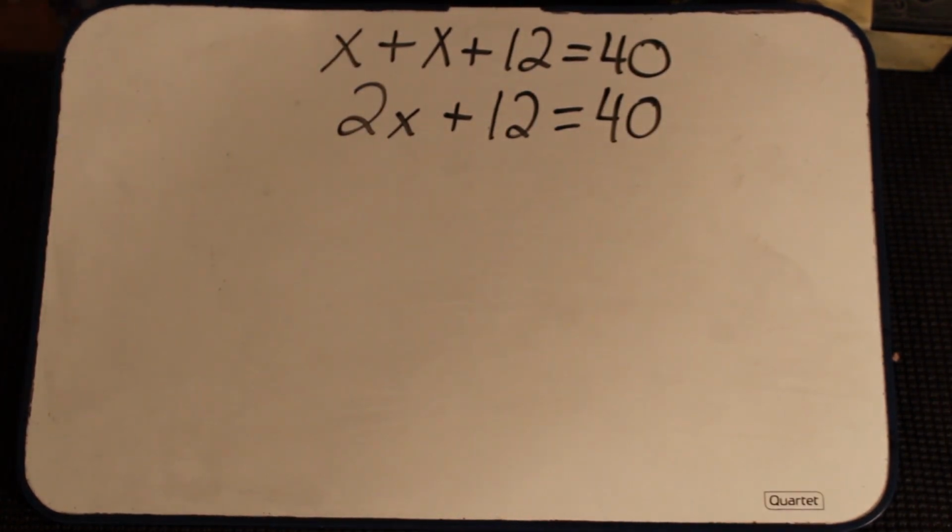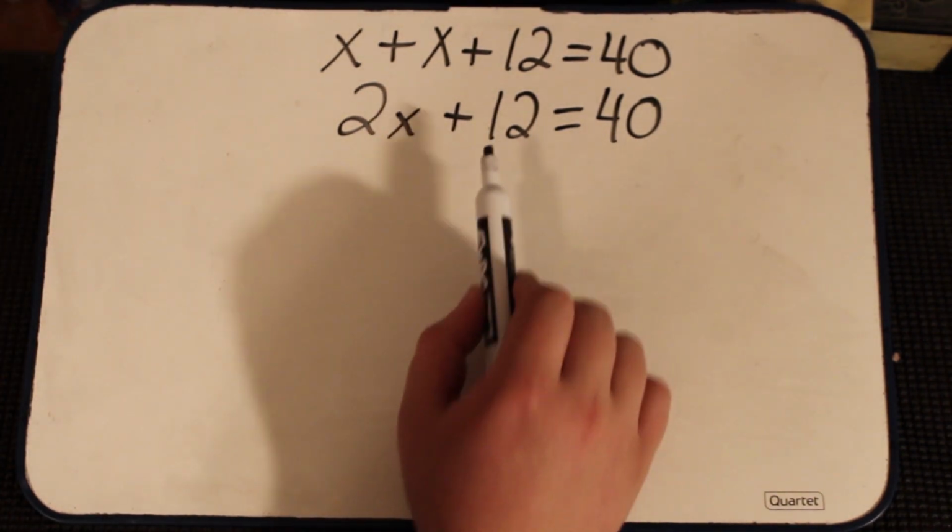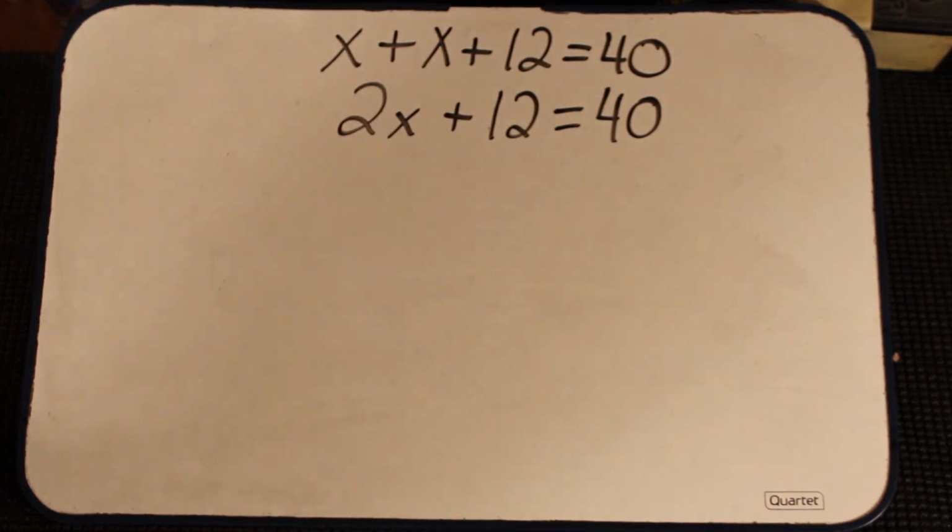Now I have a two-step equation. Remember, guys, all it is when we're doing this is adding an additional step to make it look like a two-step equation. Make it a two-step equation. So right now, that's all you're concerned about. In order to solve a two-step equation, we look, is there addition or subtraction? In this case, we have a plus 12 here. I want to get all my constants, all my normal numbers together.